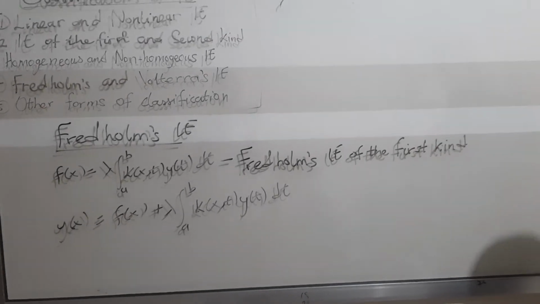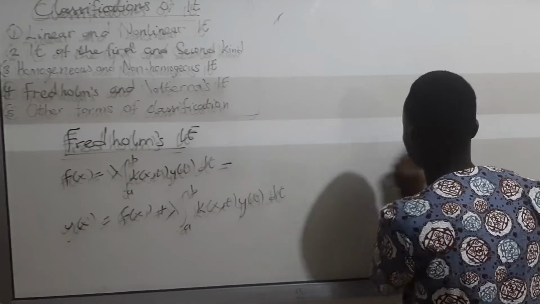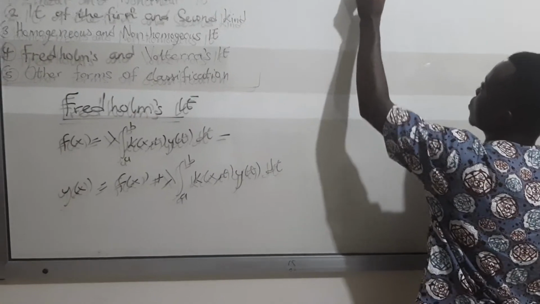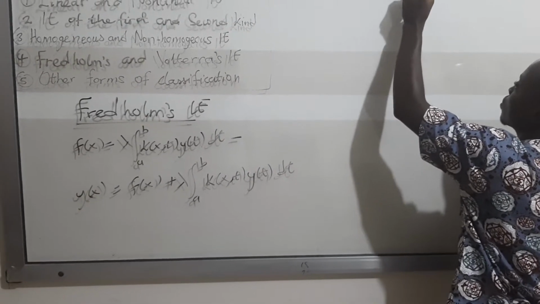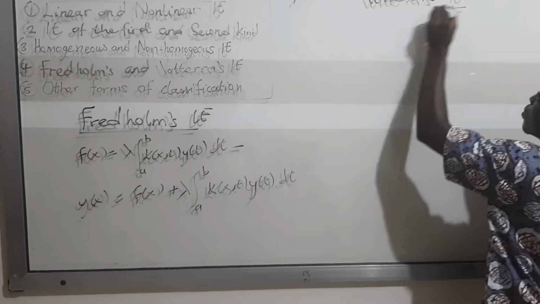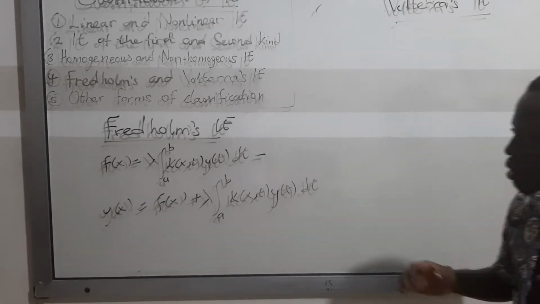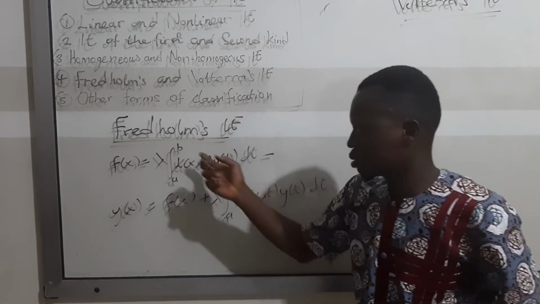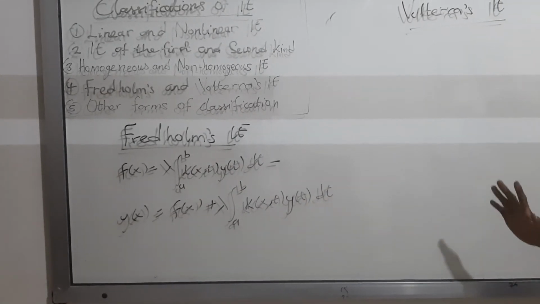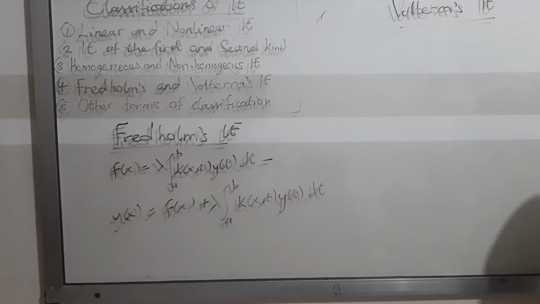We move on by tackling Volterra's integral equation. In the Volterra's integral equation, if the constant b in these two equations changes to variable s, therefore this equation is being transformed into Volterra's integral equations.